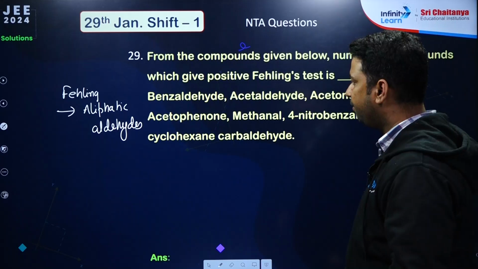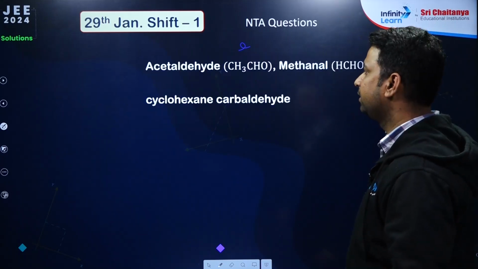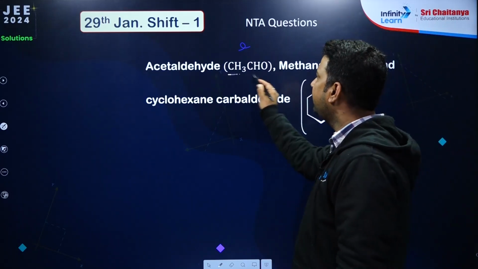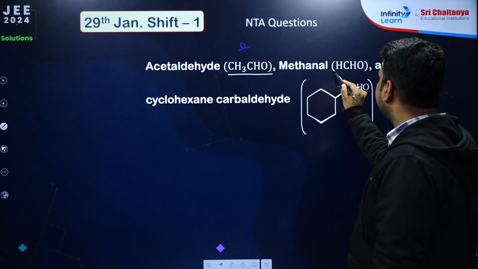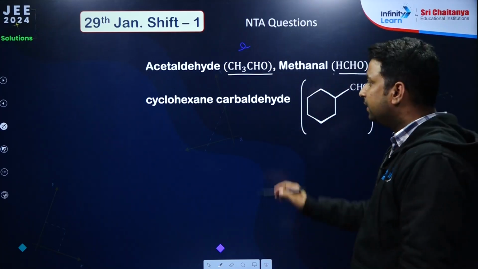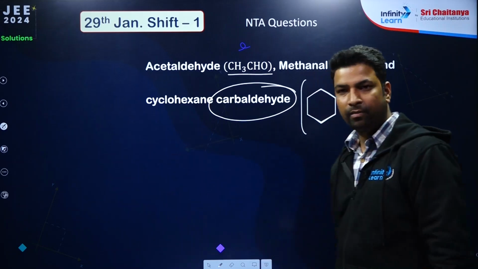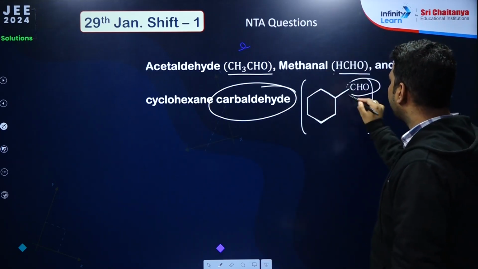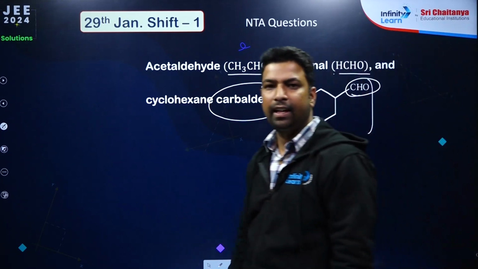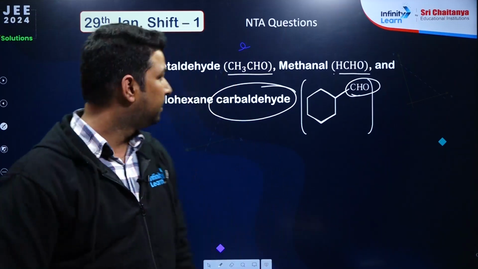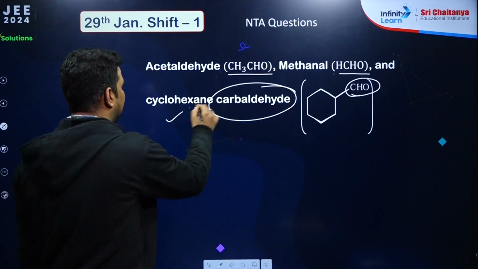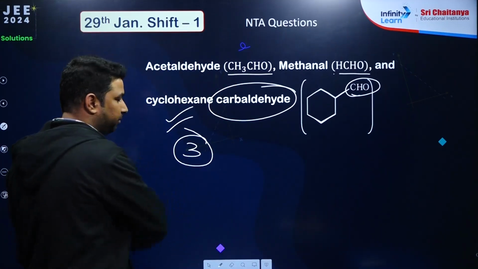So what we have are three answers, that is acetaldehyde, aliphatic aldehyde; methanal, it is again aliphatic aldehyde; cyclohexane carbaldehyde, special suffix is used. So cyclohexane has CHO group. So only aliphatic aldehyde will give the Fehling test. Okay. So this is the answer. Answer will be your 3.